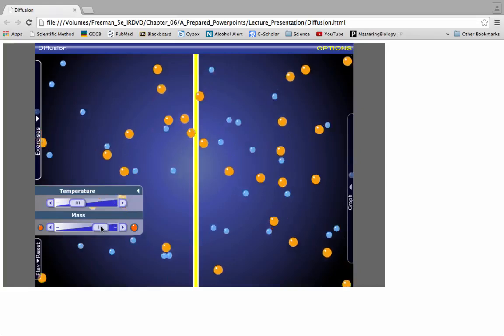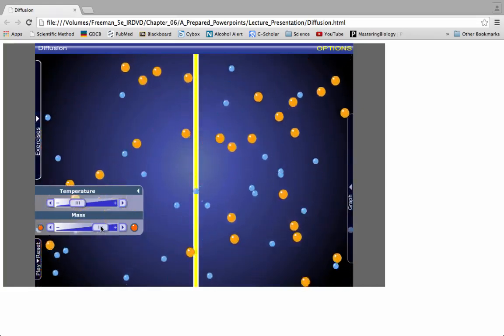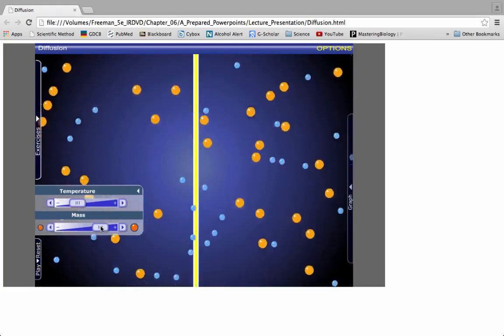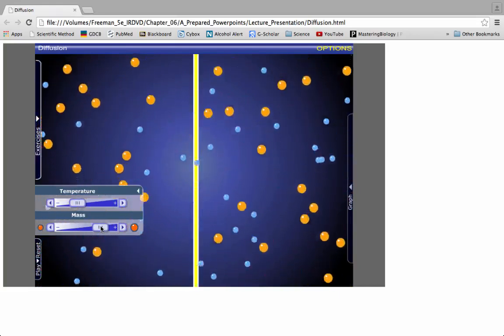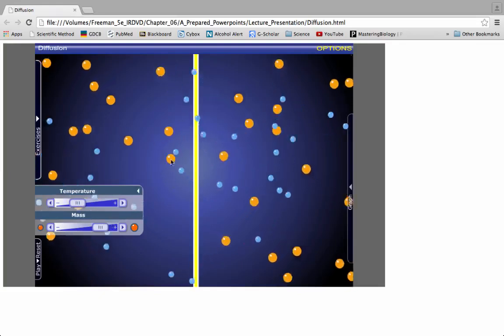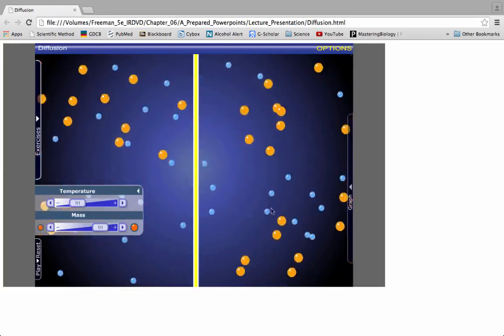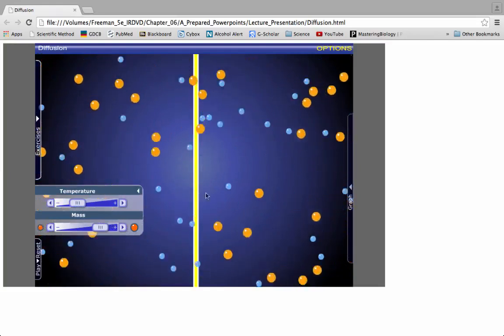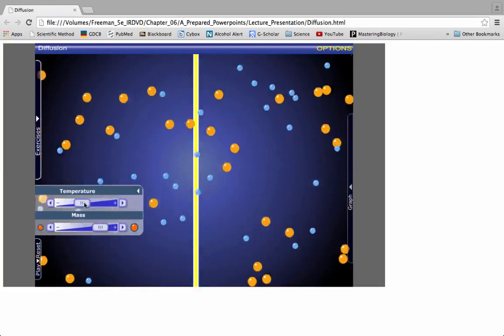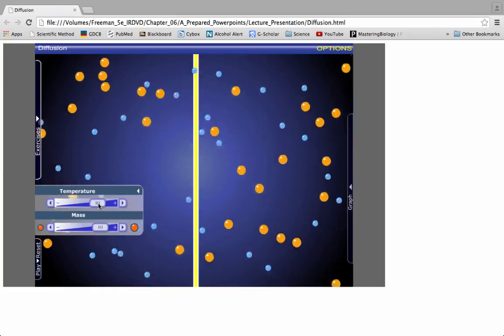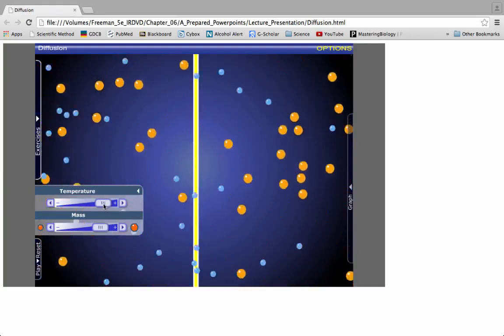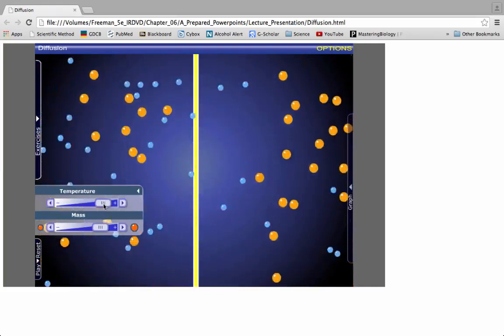And you can see that higher mass means less speed of motion. So the orange molecules are moving more slowly than the blue molecules because they're larger, which makes sense. And now if we increase the temperature, they will start moving faster because they have more energy, but again, not as fast as the blue molecules.